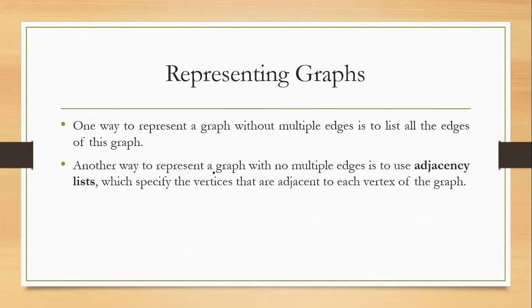And another way to represent a graph with no multiple edges is to use an adjacency list, which specifies the vertices that are adjacent to each vertex of the graph. So what we do is we create a list of all the vertices that are present in the graph and to which vertices they are adjacent, or if there is an edge connected to that vertex, we write the vertex names. So let's see that.